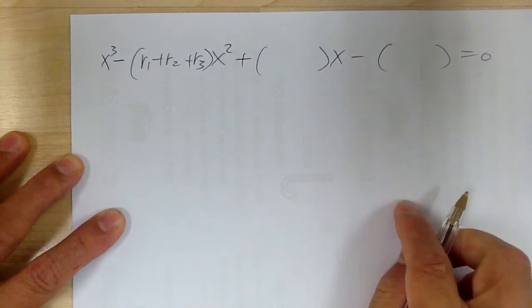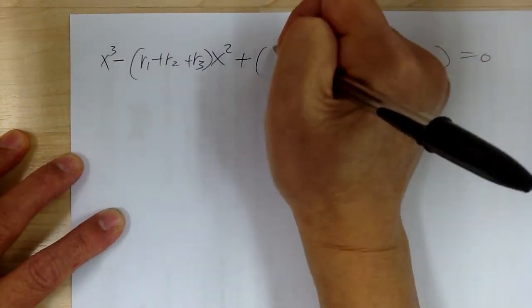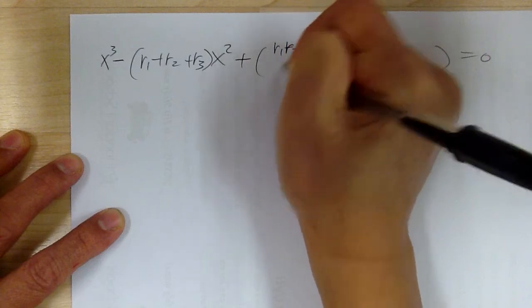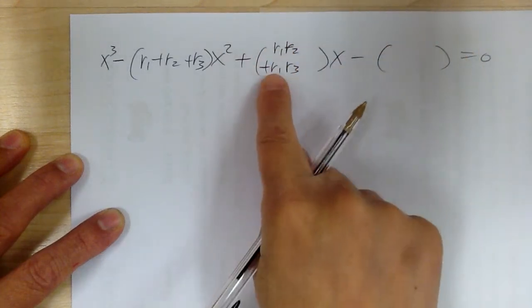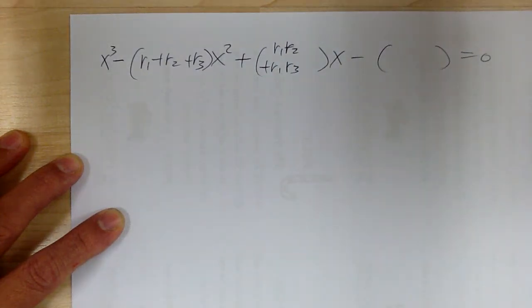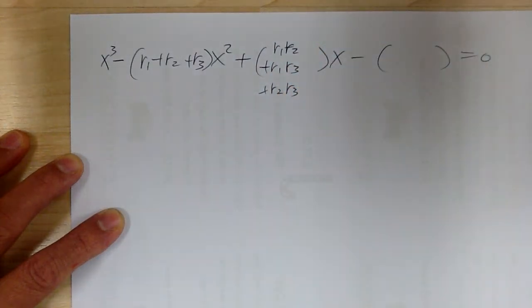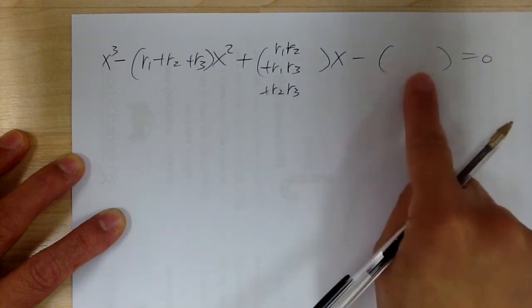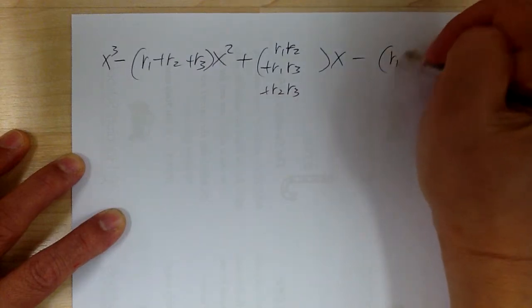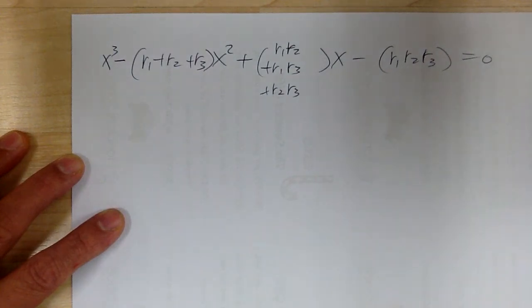Then you take two at a time: R1, R2 plus R1, R3. You start with the first one, take all the combinations, and when you run out of R1, you go to R2, R3, and that's it. So you take none at a time, one at a time, two at a time, and three at a time, which means R1, R2, R3, all three at the same time. And that's your equation.